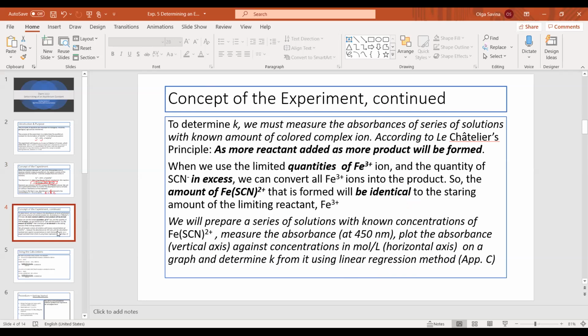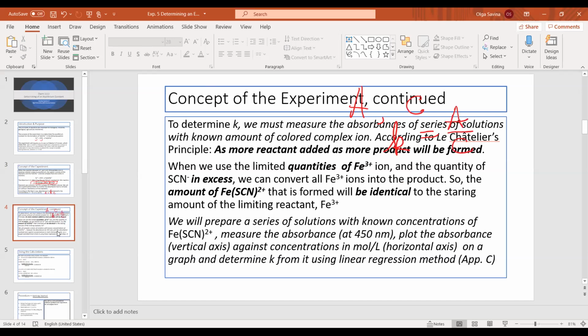To determine K, we must measure the absorbances of a series of solutions with a known amount of colored complex. That means we have to prepare some solutions, know their concentrations, and measure the absorbance. Knowing the absorbance and the concentrations, we can calculate our K.